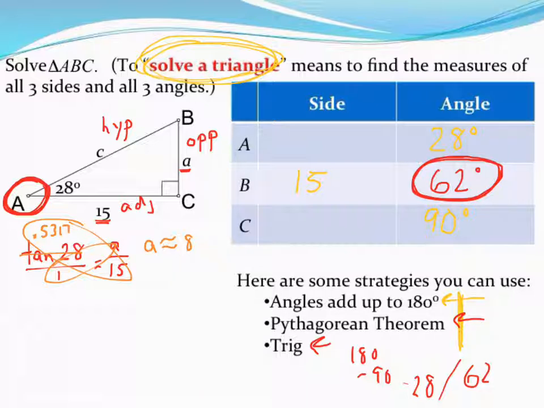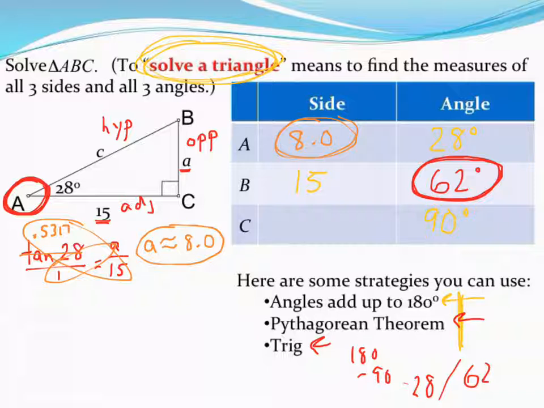Since I want to make sure I indicate I rounded, I'm going to write 8.0. If you had used a slightly different answer, maybe you got 7.9 or 8.1, that's fine. So side A, I'm going to get that in my chart now, is 8.0 approximately. I'm going to circle that too because that was one of my answers. And look, 2 answers done, just 1 to go.